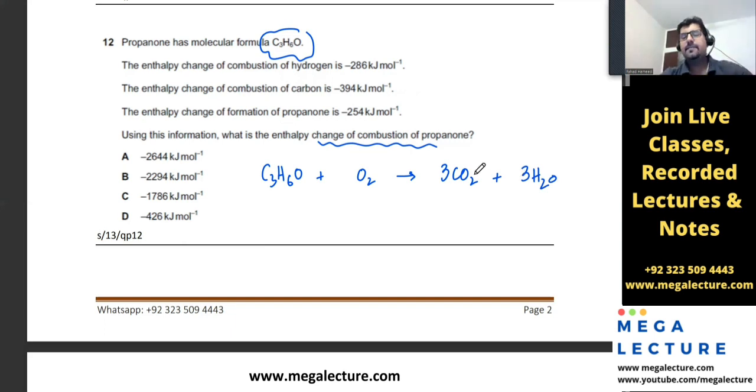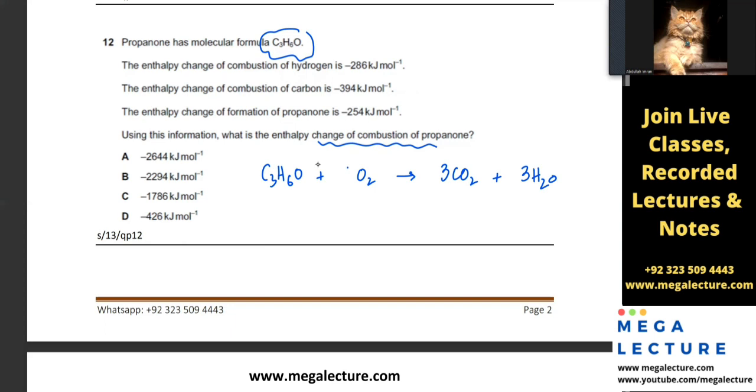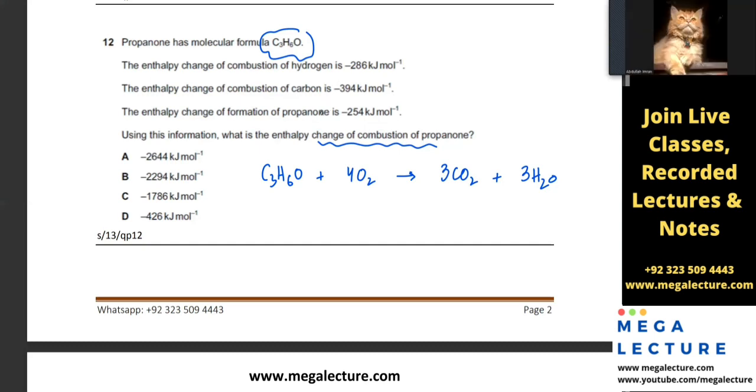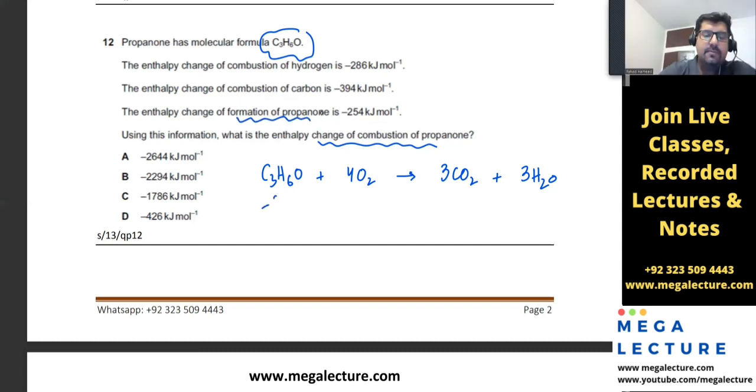That's 6 plus 3, 9 oxygens. So here there's going to be 4 O2s, right? What is the data that's given to you? They've given you the enthalpy of formation of propanone, minus 254.